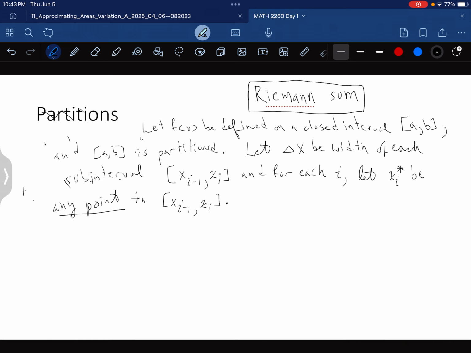So we're no longer holding ourselves to the left endpoint or the right endpoint. It's just any value in that subinterval, we can choose it.